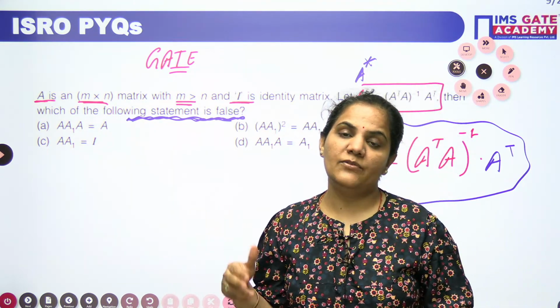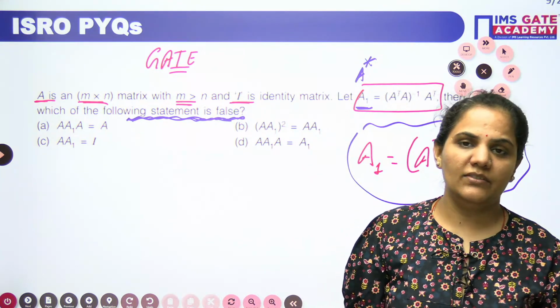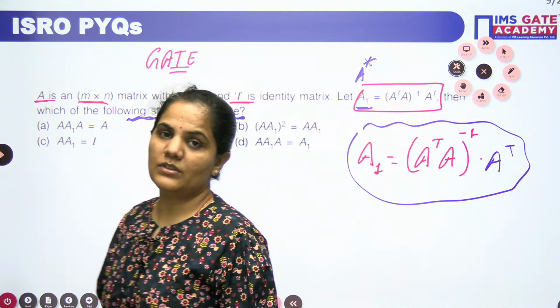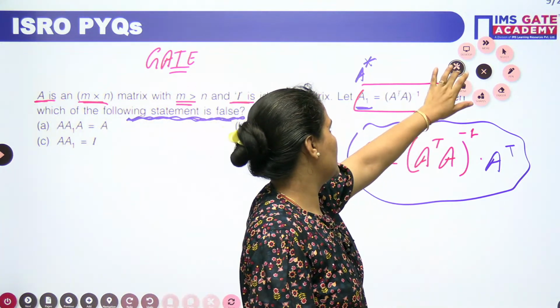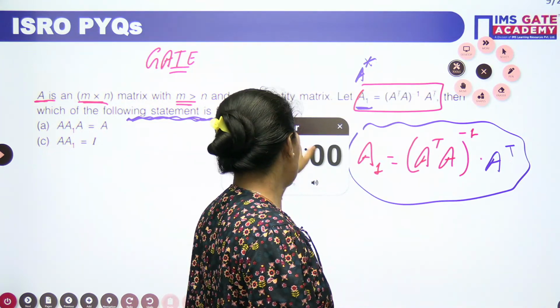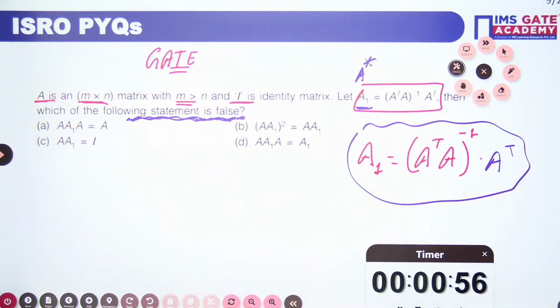Here we need to identify the false one. So if LHS is not equal to RHS, that will be the false option. But before approaching the solution, you should try it yourself. As this is a very simple question, you can solve this basic question within 1 minute.